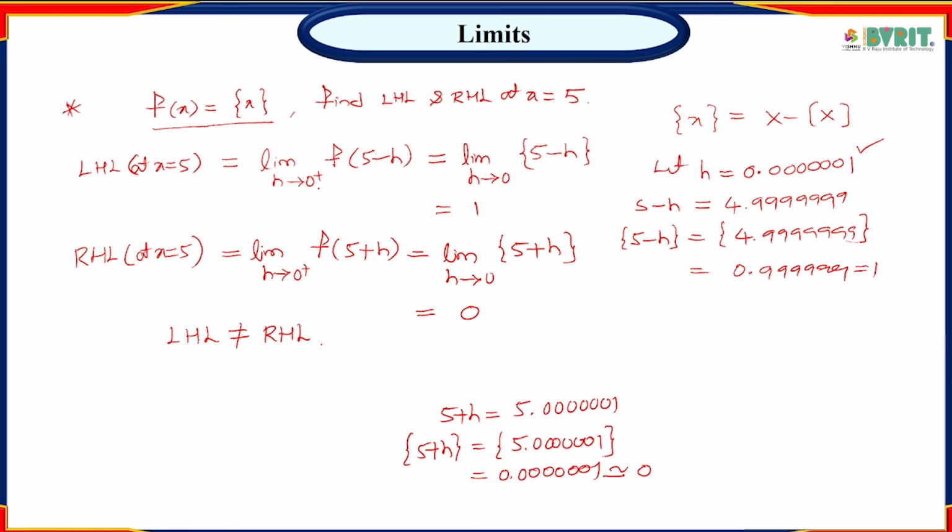These types of problems use this method only. So that's why here the function is f of x is equal to fractional of x, I am using this method. So finally the left hand limit is not equal to the right hand limit. The limit does not exist at x is equal to 5.